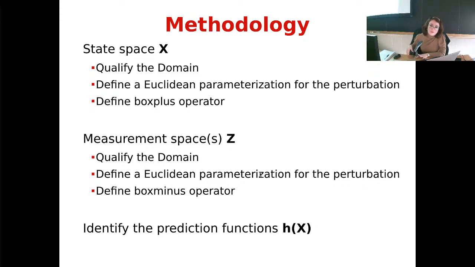In the case of the ICP problem, the prediction function should allow us to predict the measurement, that is, to predict the pose in the robot frame of the given points in the world frame, given the current estimate of the pose of the world with respect to the robot. But we will see this in a second. It was just to give you an example of a prediction function.